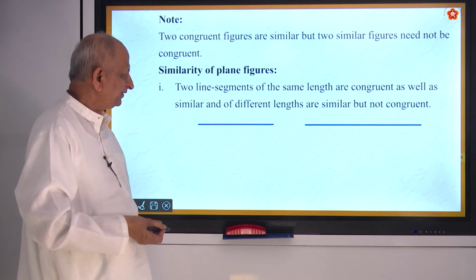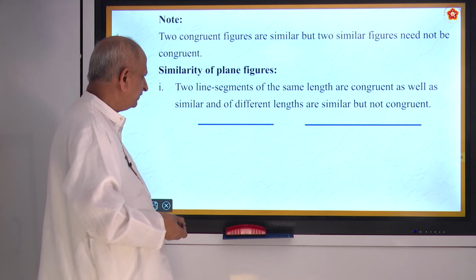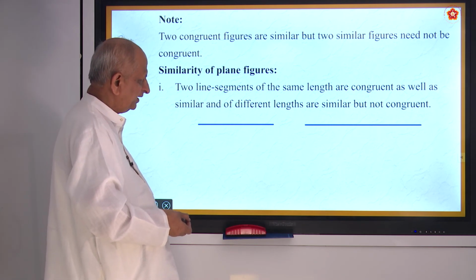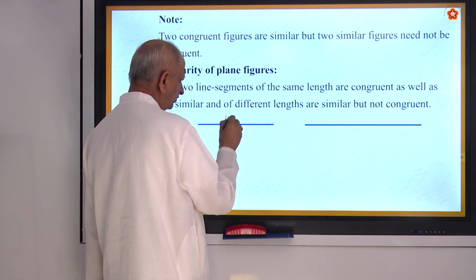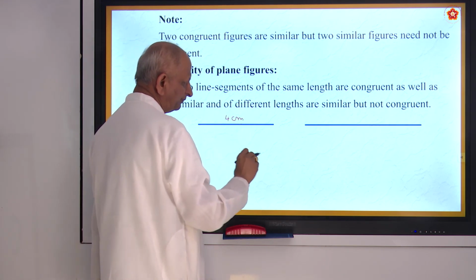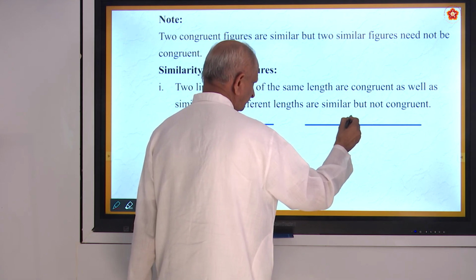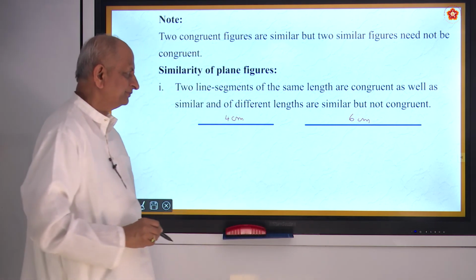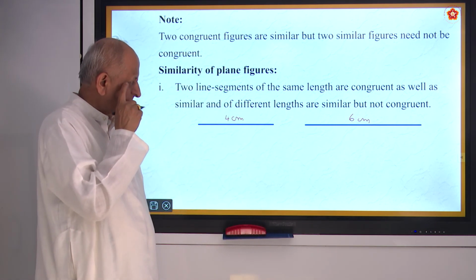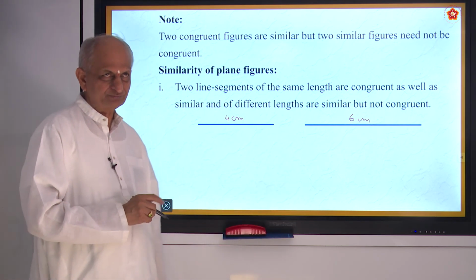For example, similarity of plane figures. Two line segments of the same length are congruent as well as similar, but of different lengths are similar but not congruent. Suppose you take this line is 4 centimeters. If you take this, say about 6 centimeters, both are line segments, but they are not congruent, they are similar.